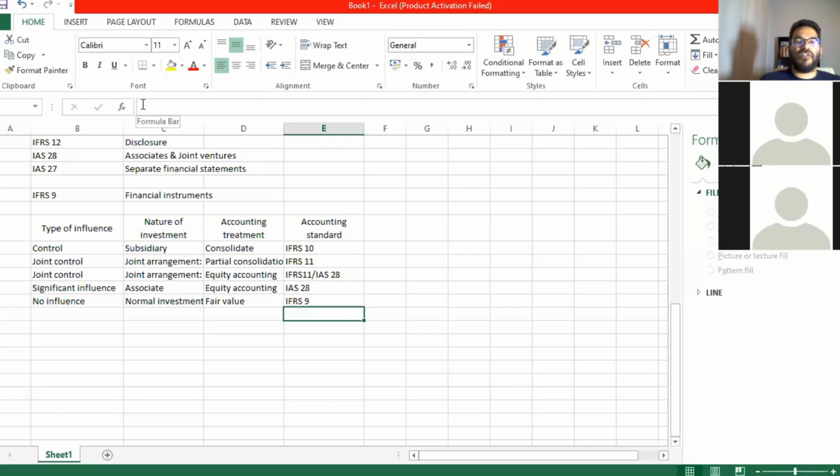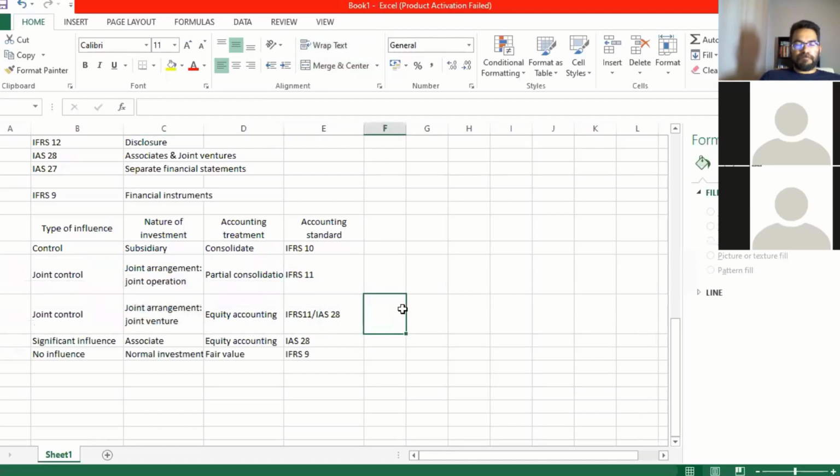So you need to see how this all fits together, and this will make your life a lot easier. My experience tells me that one of the biggest challenges is knowing which standard is applicable where.